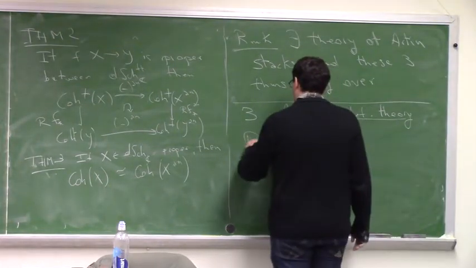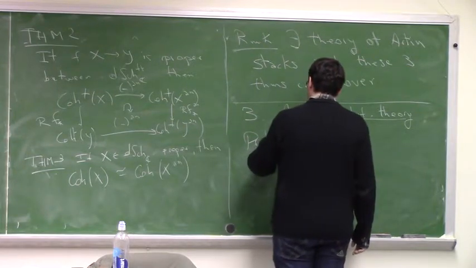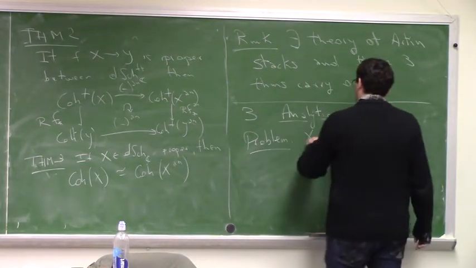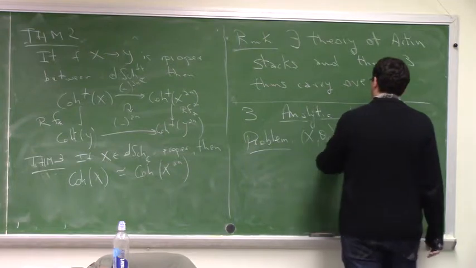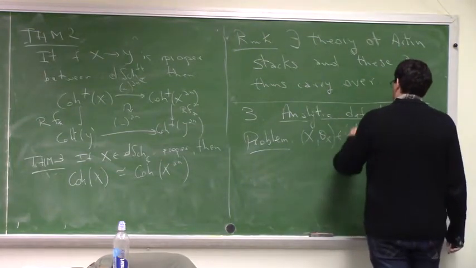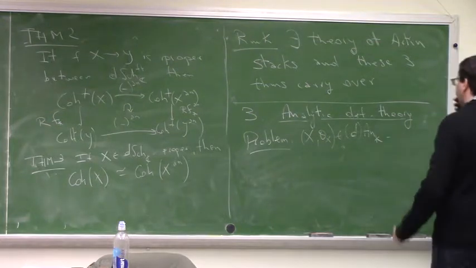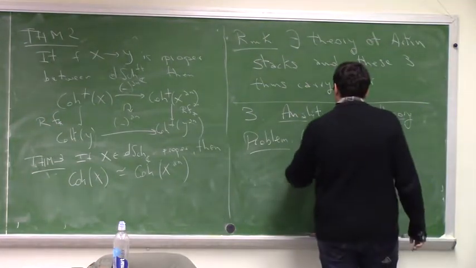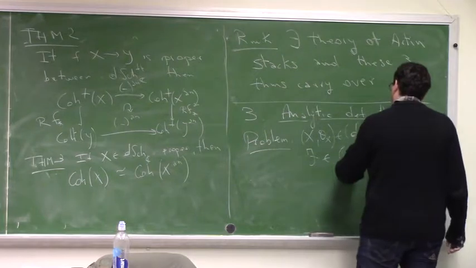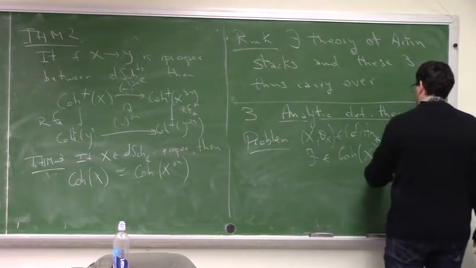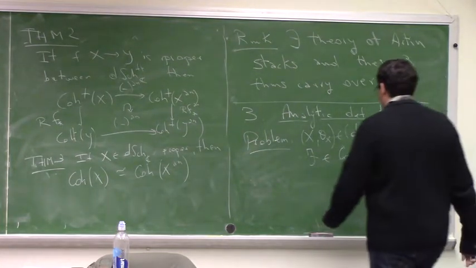So, basic problem: I let X, O_X be a derived but not necessarily K analytic space, and I let F be a coherent sheaf on X.